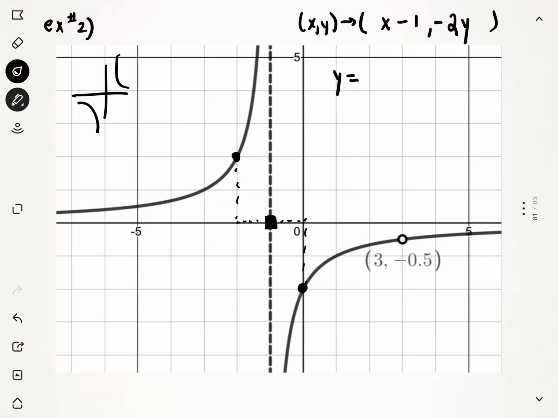So the equation would be 2 over x plus 1 and no number at the end because there's no vertical translation. That is the equation of the function without the p.o.d. But because there's a p.o.d.